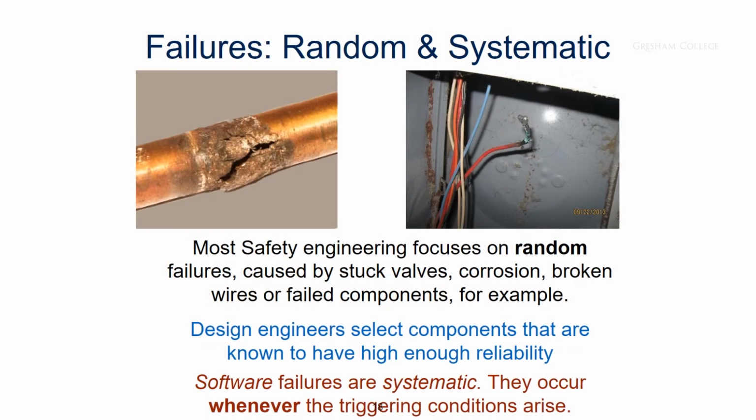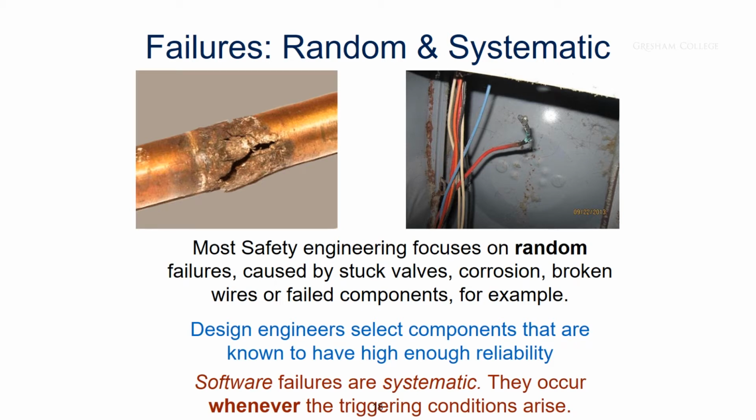Now, the sort of failures that we were talking about in the process industries tend to be these sort of physical failures. You get corrosion, you get pipes bursting, you get wires coming off. And so a lot of the thinking by safety engineers, a lot of the work that has been done in producing standards, has at its heart a mental model, or even an explicit model, that is about physical failures.